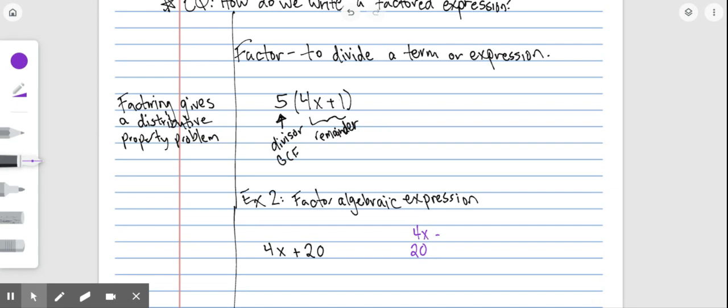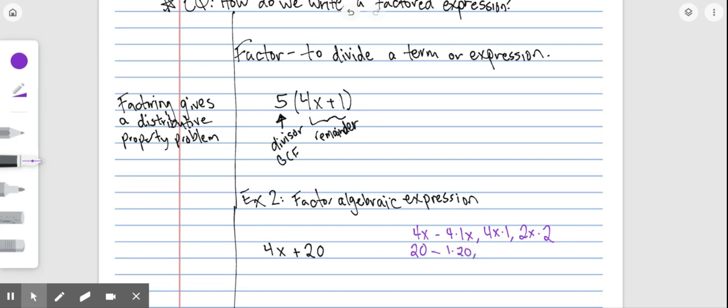So I know that 4x is 4 times 1x, or 4x times 1. I know 2x times 1 times 2, and those are all the factors of it. I know 20 has the factors of 1 and 20.